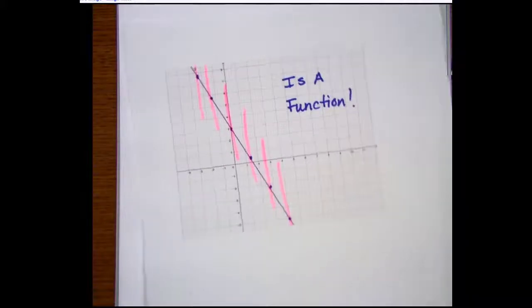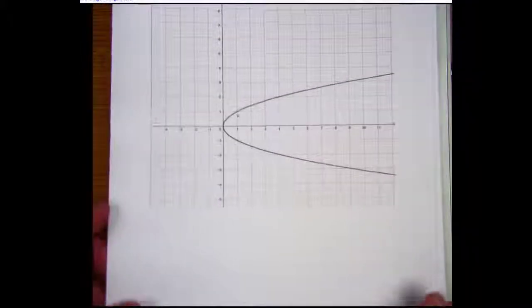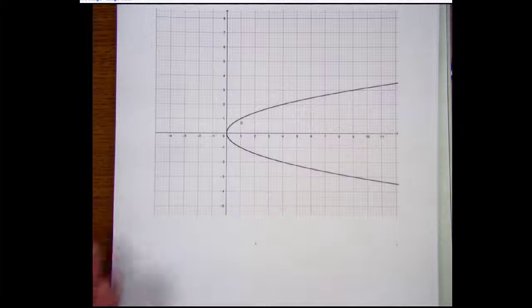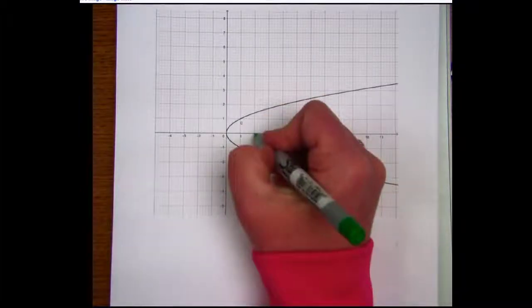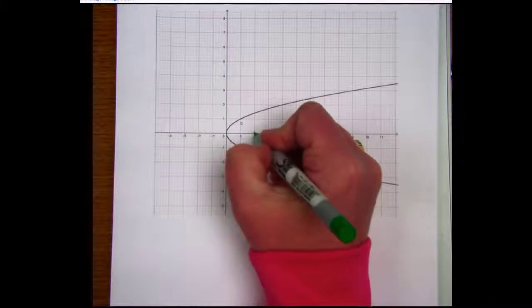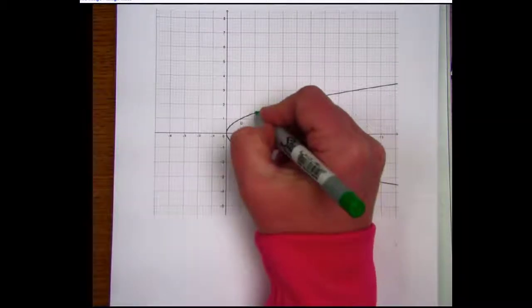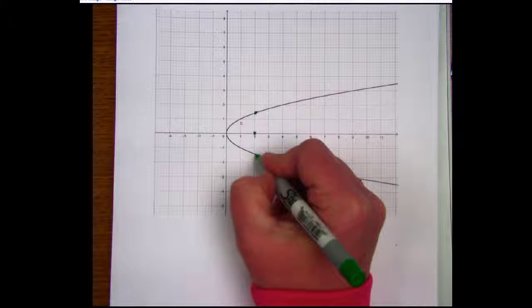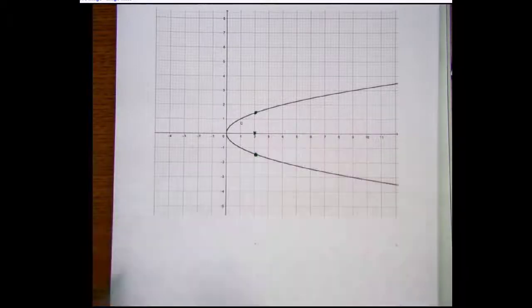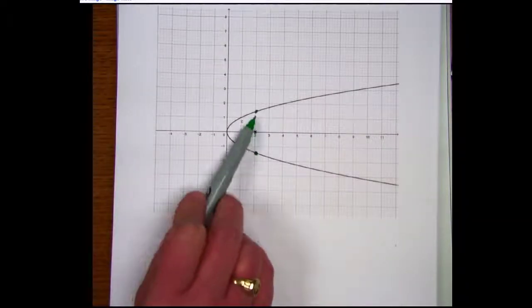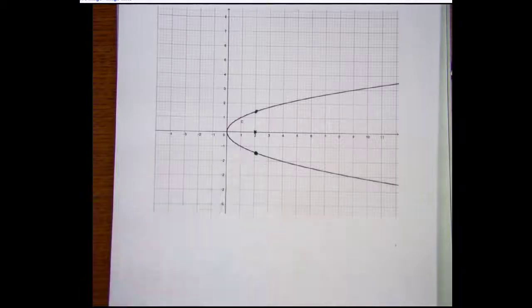All right, let's talk about another graph. Remember our definition, for each X, there's only one Y. Well, if I go to this X value, X equals 2, I would have a Y value there and a Y value there. So X equals 2 actually corresponds to two different Y values.